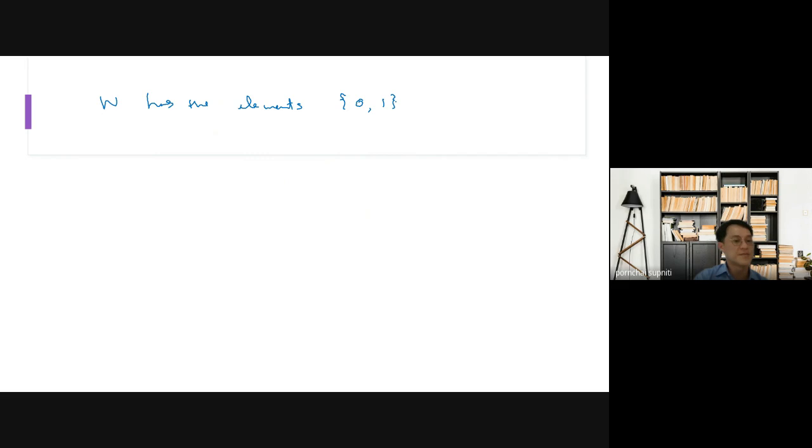Is W a subset of V? Well, certainly it is, right? In order to answer the question of whether it is a subspace, we have to check whether the elements in W satisfy the four properties or not.